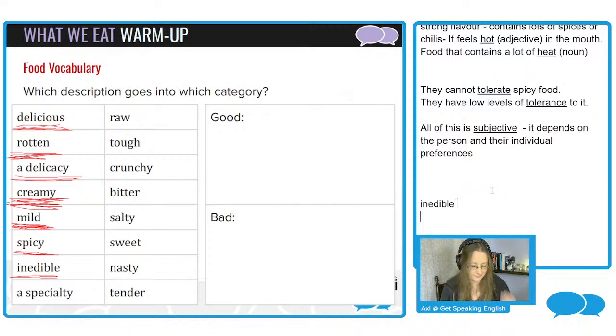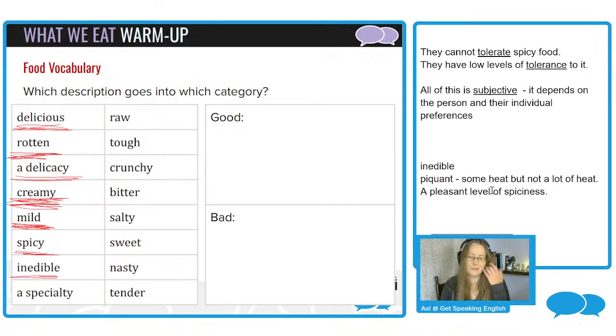There's piquant, but it's more like a little bit spicy, but not too spicy. It's more like a pleasant level of heat. So it's kind of a pleasant level of spiciness.